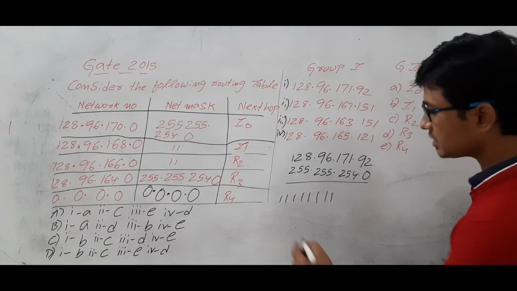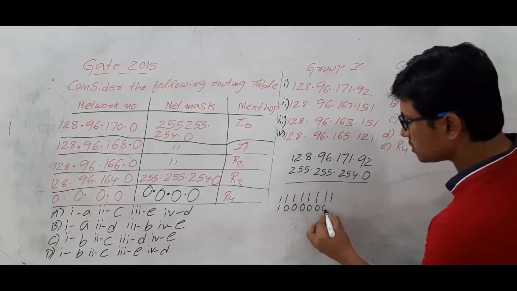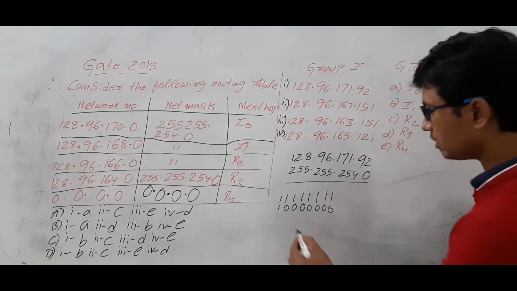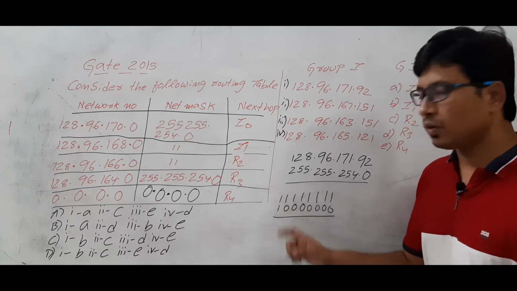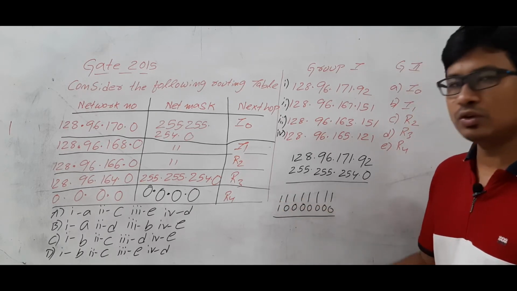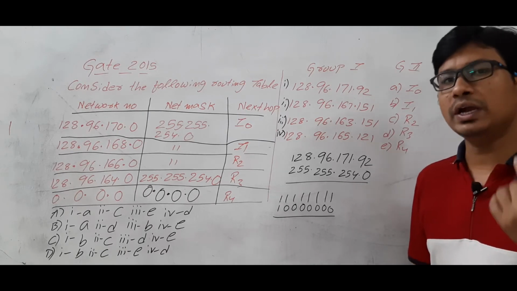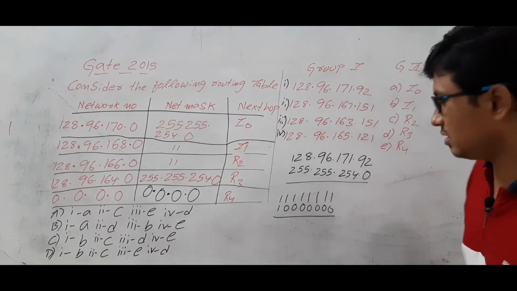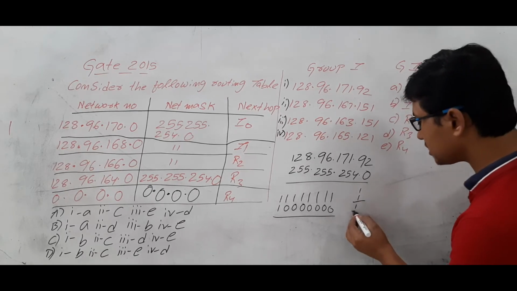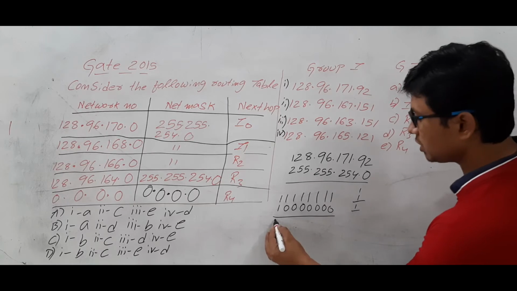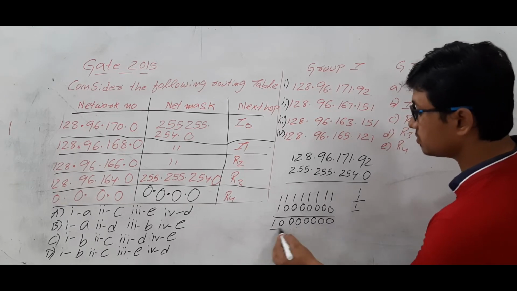And 128 is nothing but 1 0 0 0 0 0 0 0. Now what is bitwise AND? 1 and 1 you get 1, 1 and 0 you get 0, 0 and 0 you get 0, 0 and 1 is also 0. So whenever both inputs are 1, the result is 1.